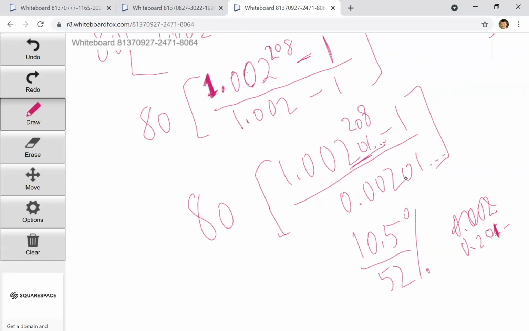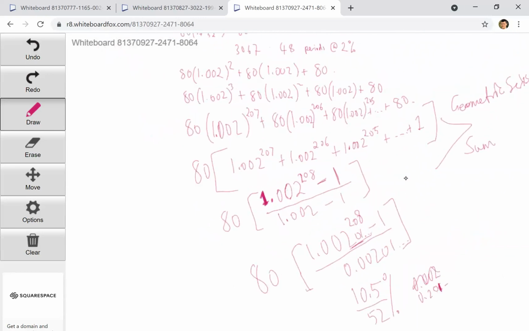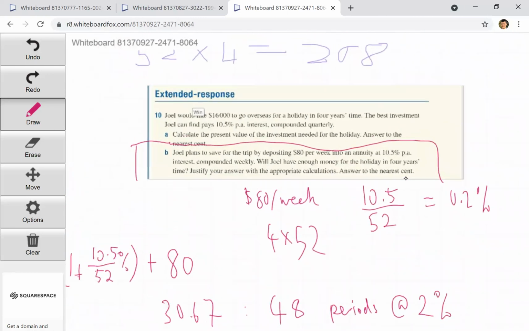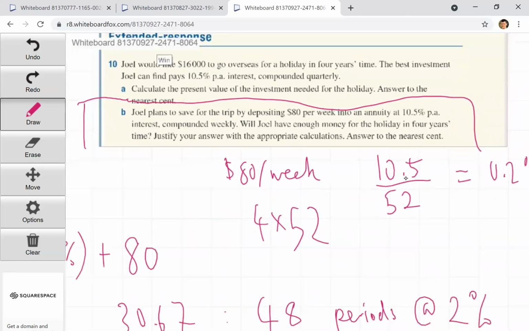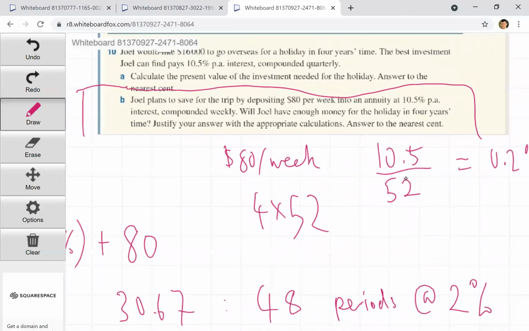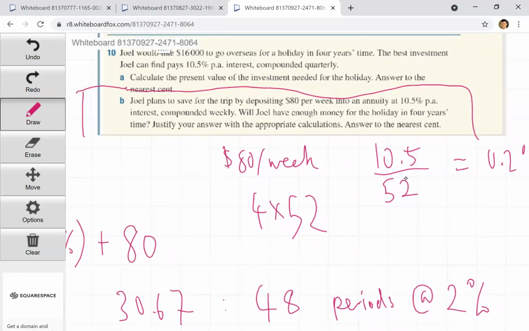So 1.002 and 0.002. I got again like 20,633. 20,000, yeah?